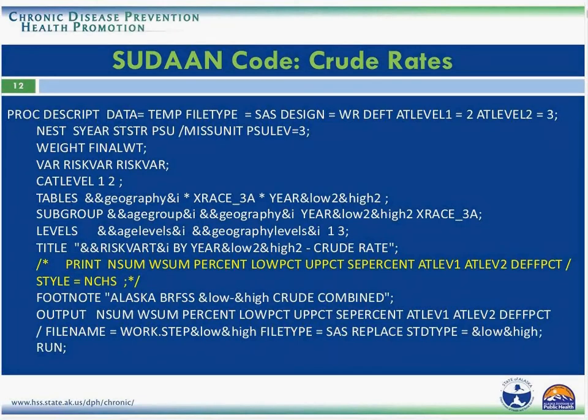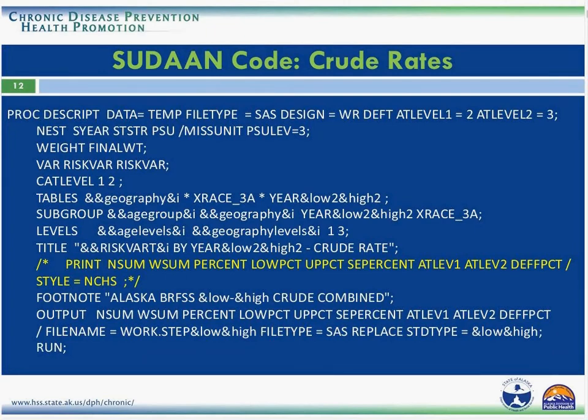In Alaska we have a 3-race category of white, Alaska Native, and everybody else, so it adds up to 100%, and then we're giving our year range. Our subgroups are the age group, the geography, the years, and the race, and we specify that.